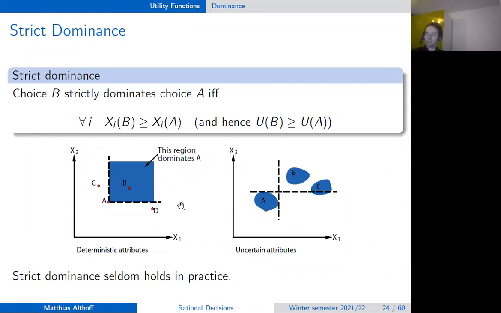And it's even rarer if you look at uncertain values. Here we assume that the values are certain. But for these red dots, it could be that the utilities are uncertain within a certain set.